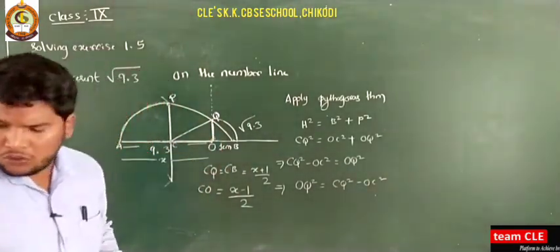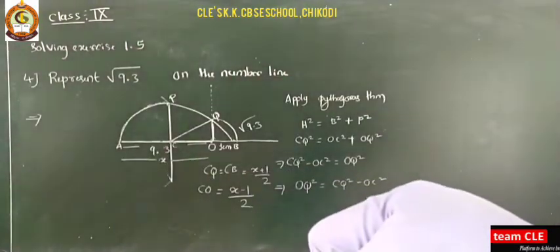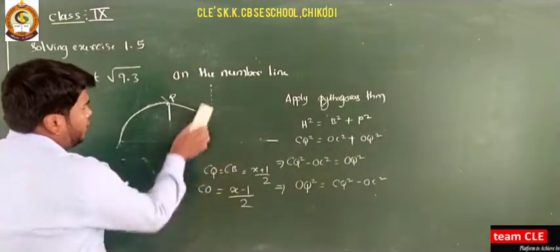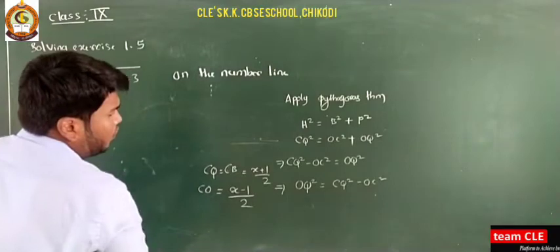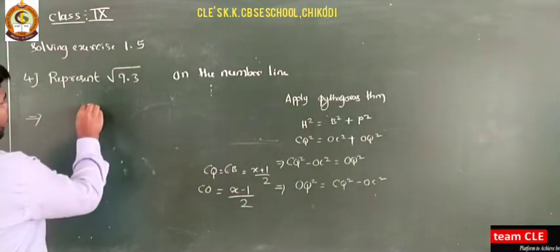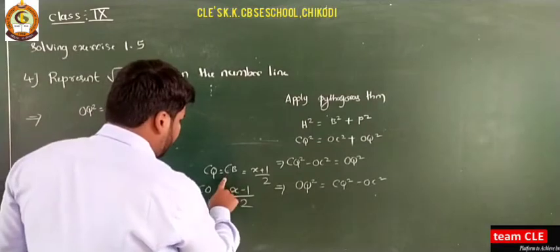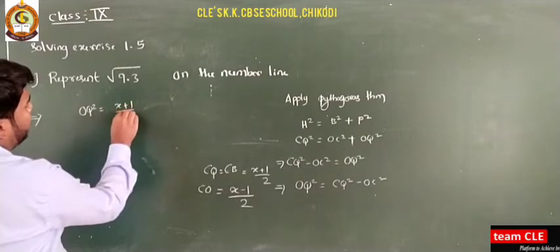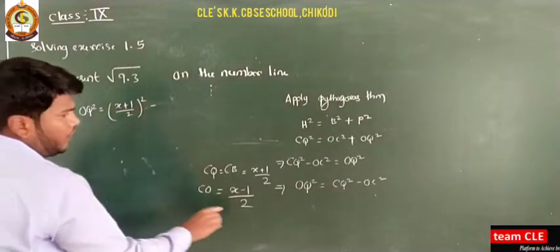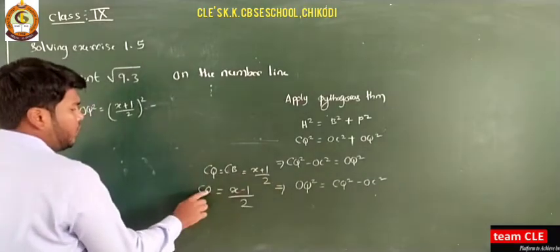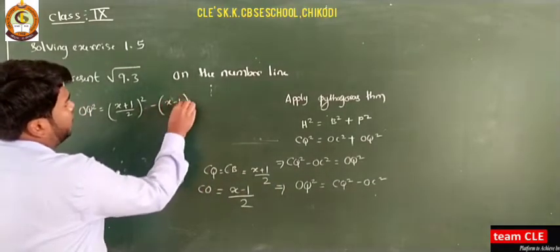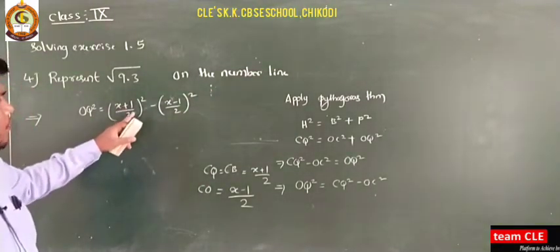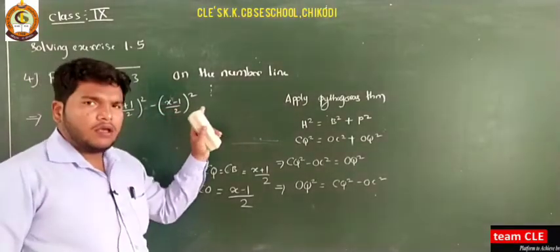OQ square we don't know, but we know CQ square equals ((x+1)/2) whole square, minus OC square, which equals ((x-1)/2) whole square. So you have OQ square equals ((x+1)/2) whole square minus ((x-1)/2) whole square.